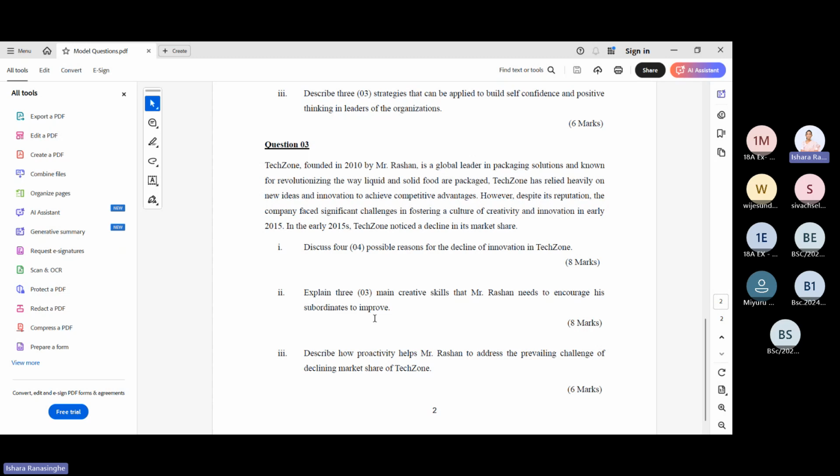Let me check how you are going to approach this question. Any idea? Describe how proactivity. And it's not from creativity and innovation. How you are going to draft the answer to the third sub-question.